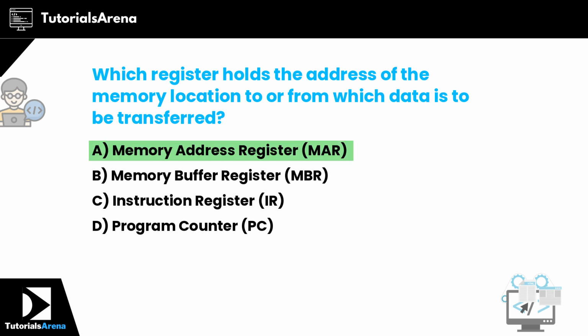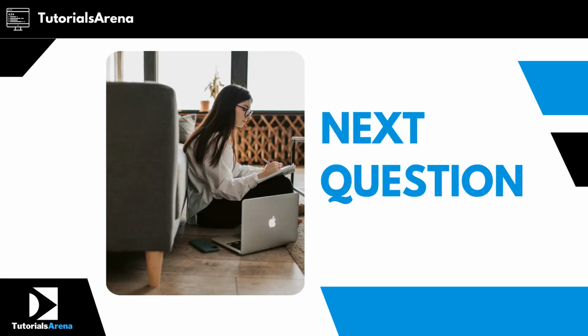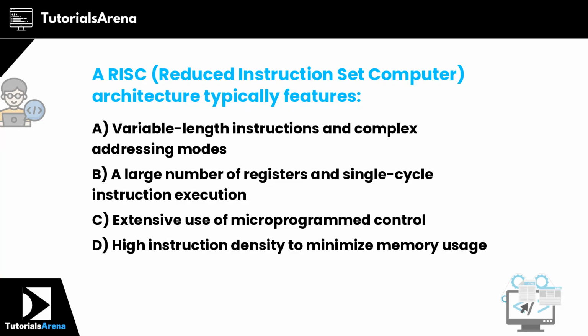The correct answer is option A, memory address register (MAR). A RISC, reduced instruction set computer, architecture typically features. The correct answer is option B, a large number of registers and single-cycle instruction execution.